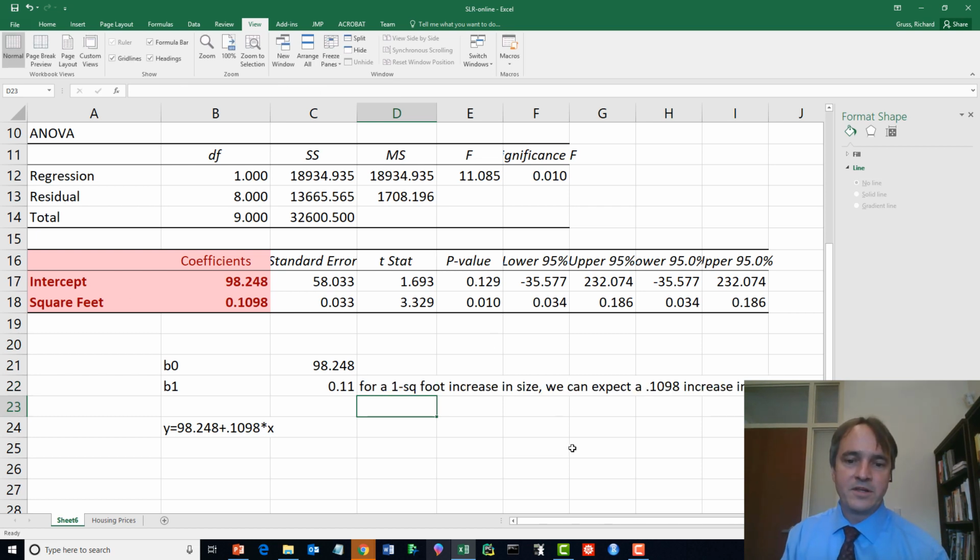Okay, so for a 1 square foot increase in size, we can expect a 0.1098 increase in price in thousands.